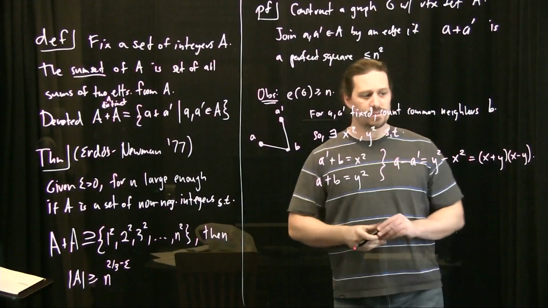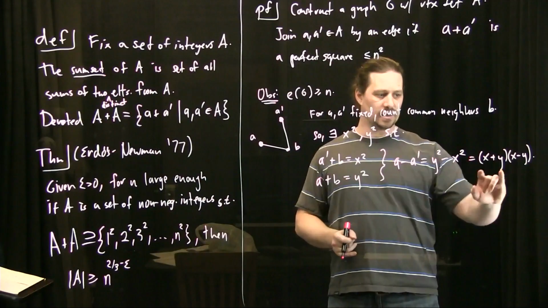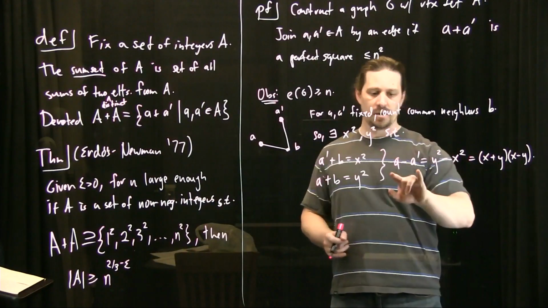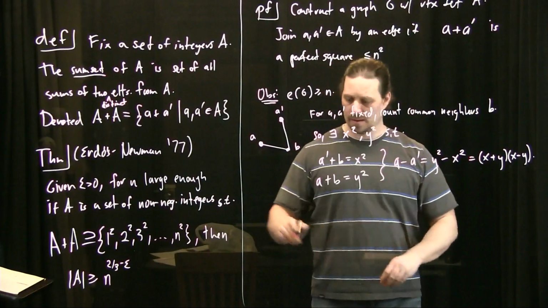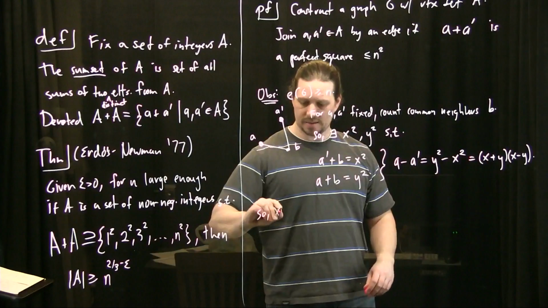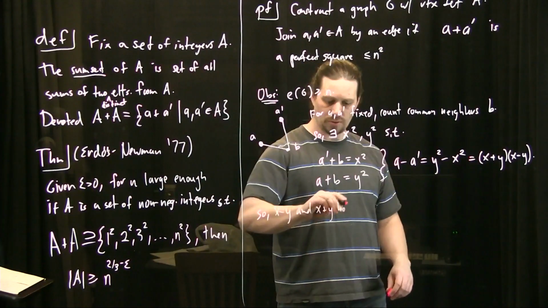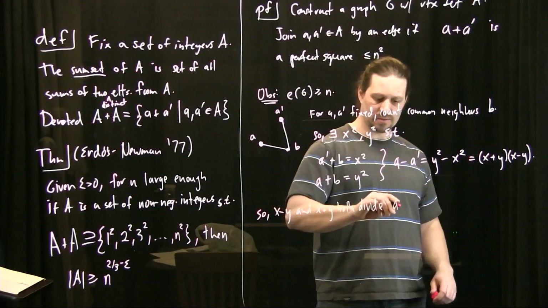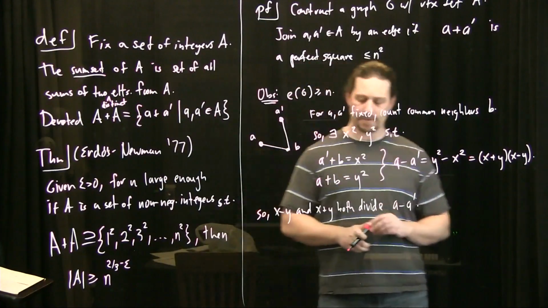Okay, so a prime, x, and y are all integers. What it means is this quantity, x plus y, and this quantity, x minus y, both divide nicely into a minus a prime. Okay, so x minus y and x plus y both divide a minus a prime. So these two quantities divide nicely into that quantity.